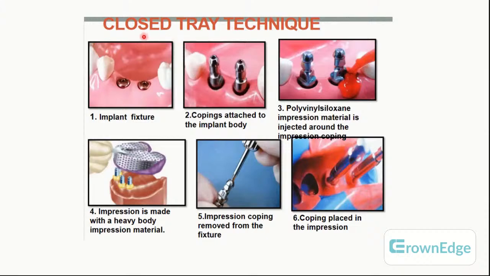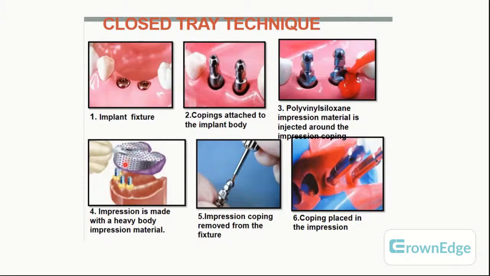What do you mean by closed tray? In a closed tray impression technique, we do not make a gap or a hole inside the tray, but we pick up the impression the same way. So you've removed the healing abutment. You remove this one, what you see over here, and place these long tower-like structures, which are called impression copings. Once you attach the copings, you put the polyvinyl siloxane material around the impression coping and also on the tray, and you pick it up.